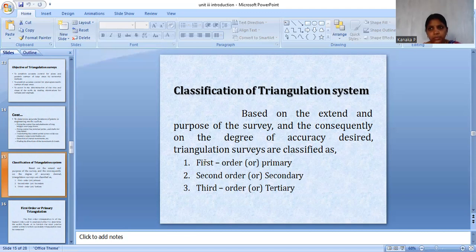In the primary triangulation methods, the length of the baselines varies from 5 to 15 kilometers, and the sides of the triangles are about 150 kilometers.